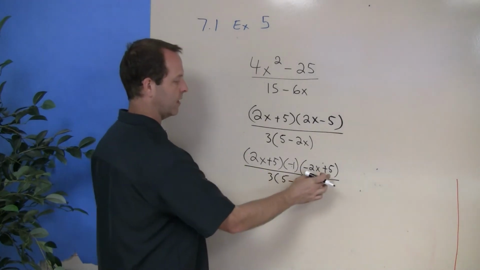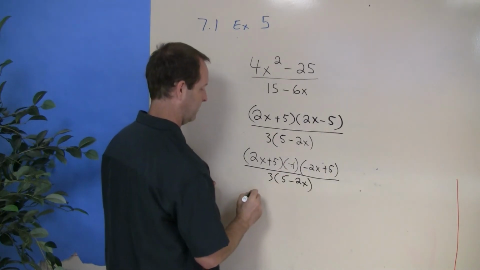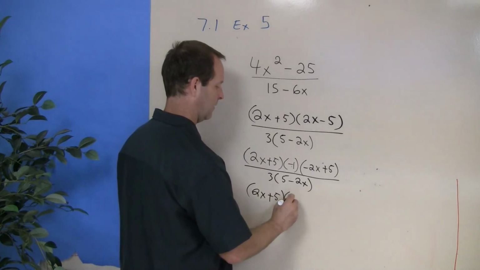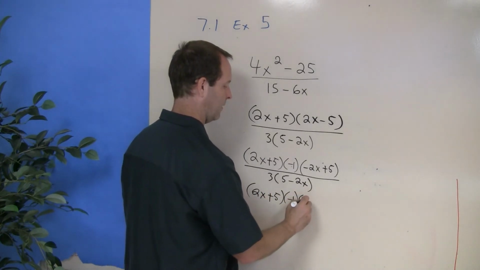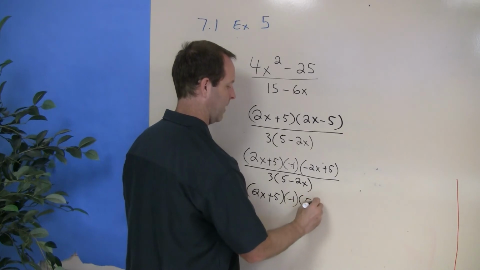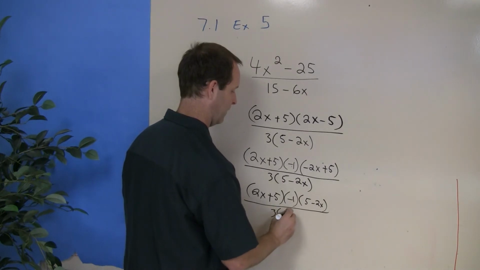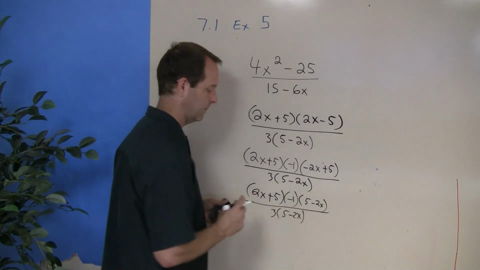So what I'll do then is rewrite this one. Start with the entire problem all over again. 2x plus a 5, negative 1, 5 minus a 2x, all over the denominator, which is a 3 times a 5 minus 2x.